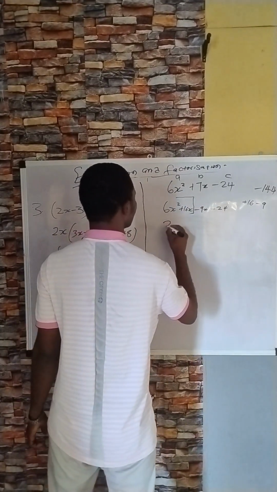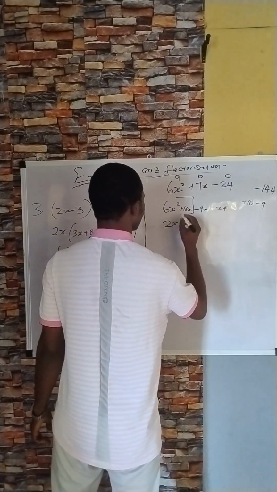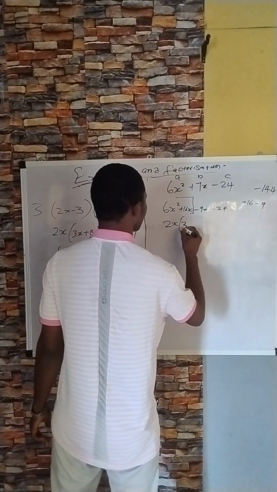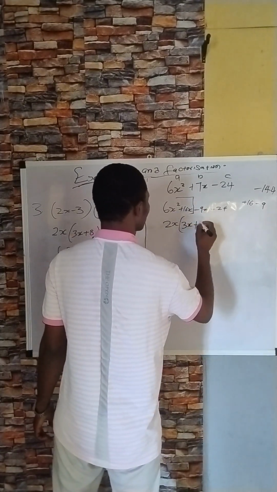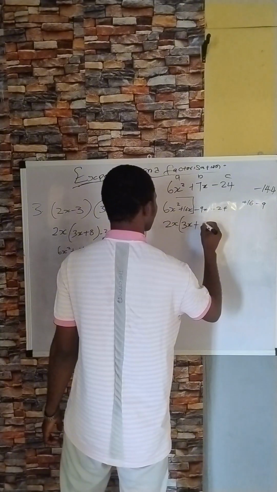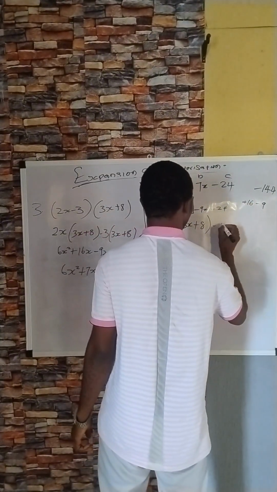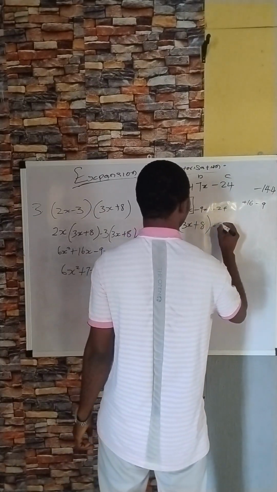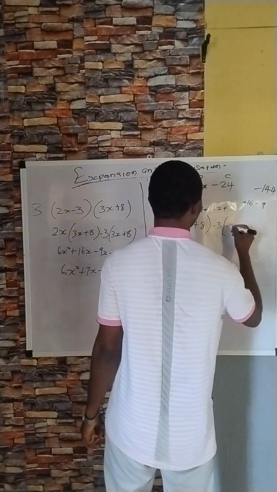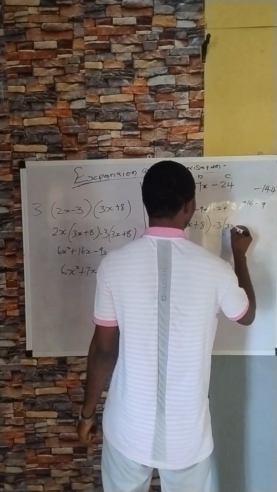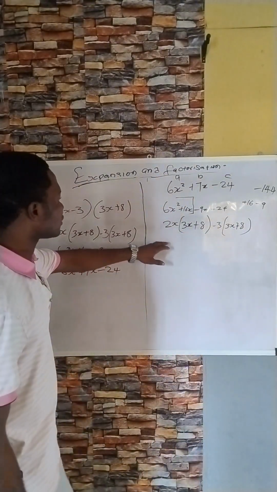These two terms, let's use 2x. 2x into 6x squared will give you 3x plus 2x into 16x will give you 8. And then let's do this second part of it. This will be minus 3x. Okay, let's use minus 3 bracket 3x plus 8. So this is what we have gotten.